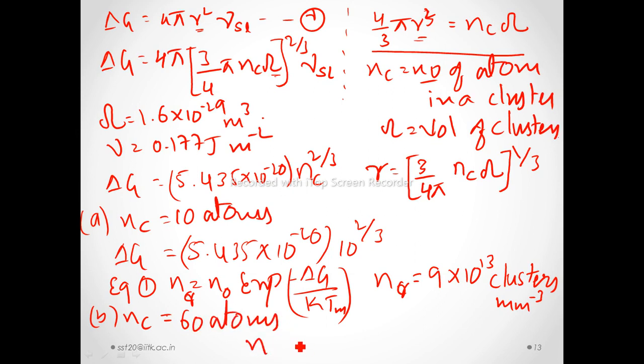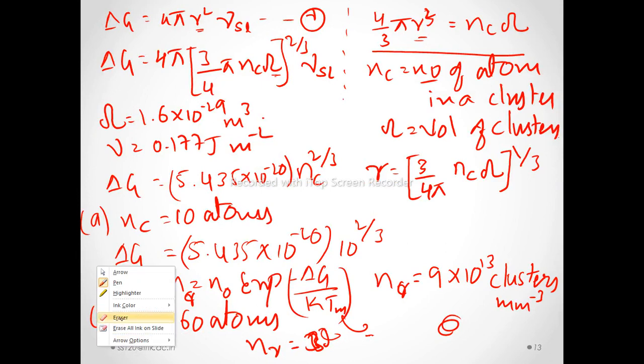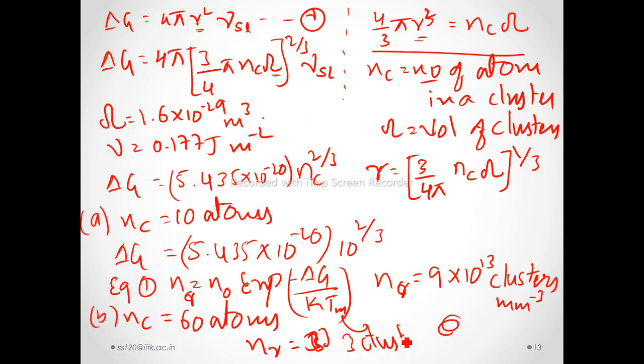Then the NR, number of the clusters, is 3 into... similarly for NC equals to 60 atoms, I will write 3 clusters per meter cube.